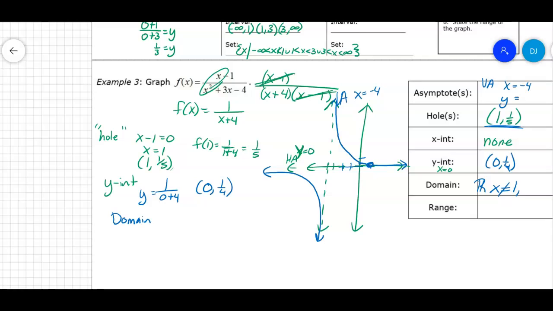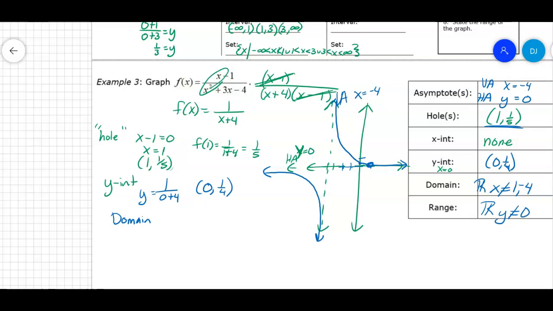And then y equals 0. So x cannot equal 1 or -4. And then our range would end up being all real numbers except y cannot equal 0.